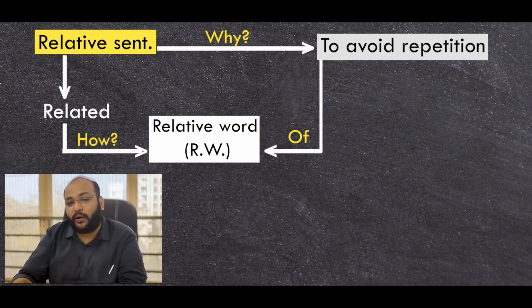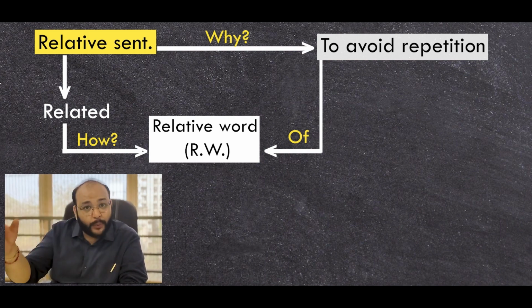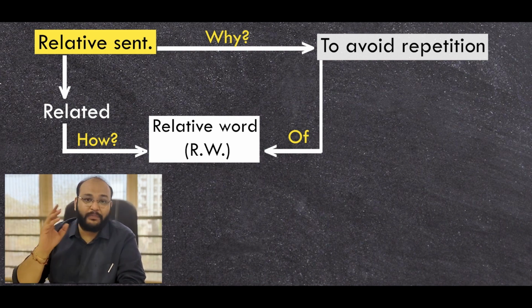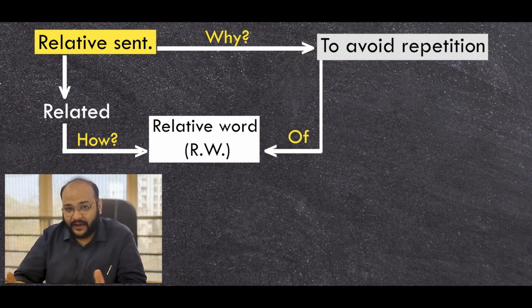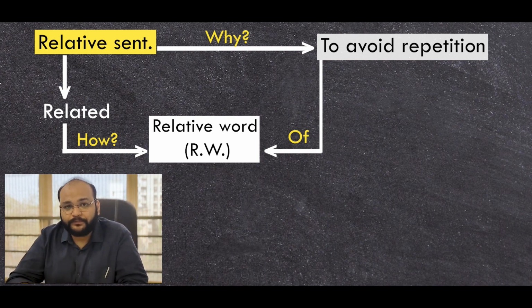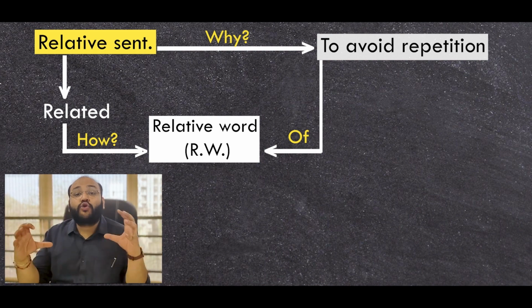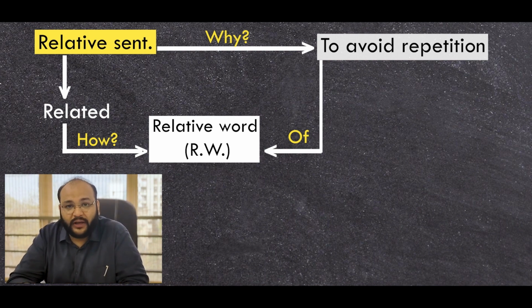It would sound really odd: this is the guy and this guy helped me yesterday, and then I had lunch with this guy, and then this guy dropped me home. It just keeps on repeating and does not sound very good. So, in other words, to make the sentence compact and more pleasing, we use relative sentences.